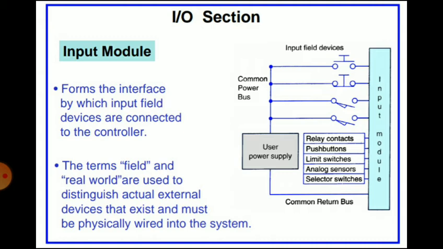The field devices are relay contacts, push buttons, limit switches, analog sensors, selector switches that are connected. You can see in a diagram. The terms field and real world are used to distinguish actual external devices that exist and must be physically wired into the system. So you can see the input module, and how the different field devices are connected to the controller.